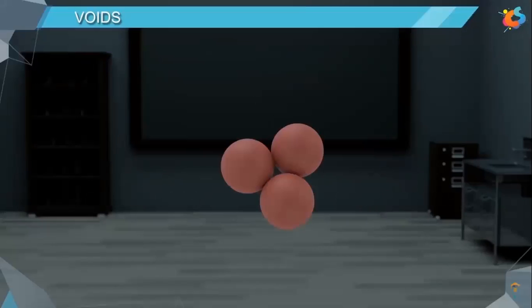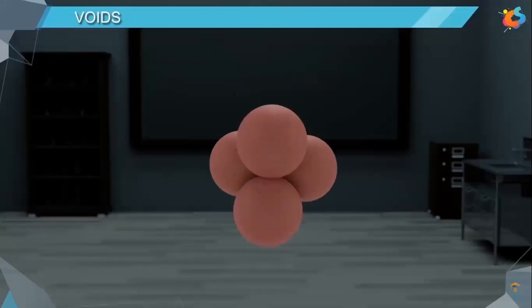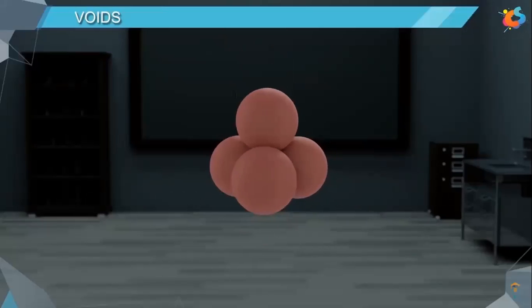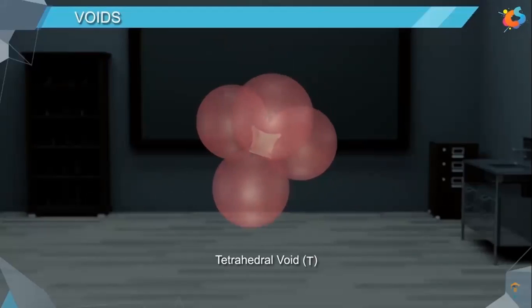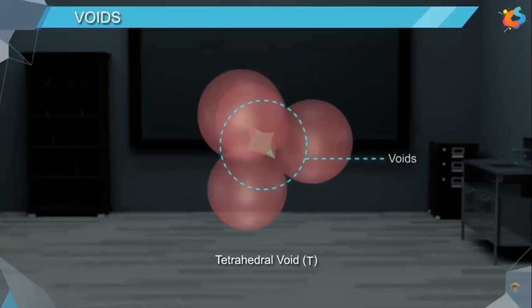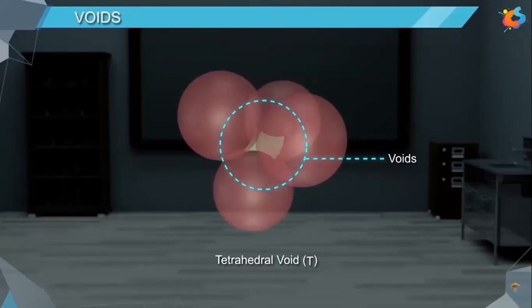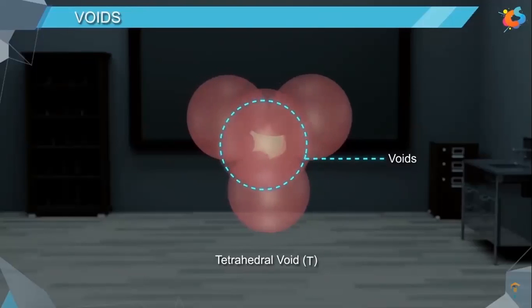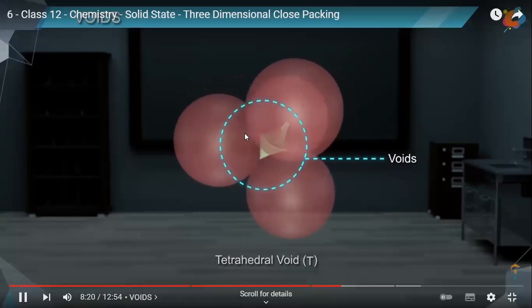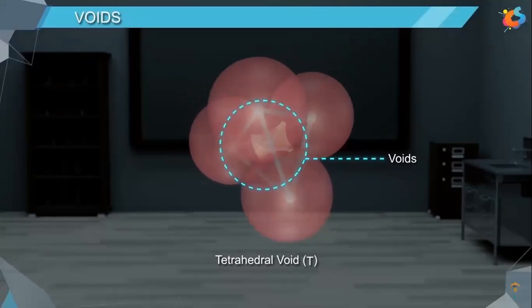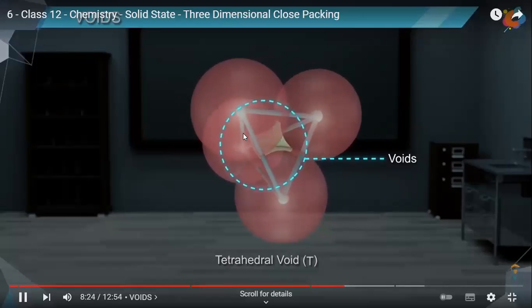Let us study how these voids are formed. When we place a close packed layer above the depressions of the first layer, we will notice that at some places the triangular voids of the first layer are being covered by the spheres of the second layer. At such places, a type of void is formed. This type of void is known as tetrahedral void, T, since a tetrahedron is formed by joining the centers of the four surrounding spheres.